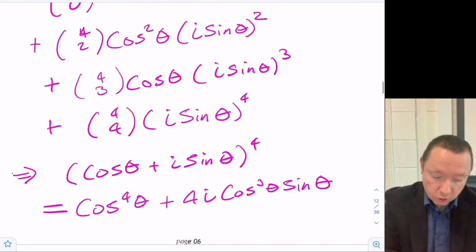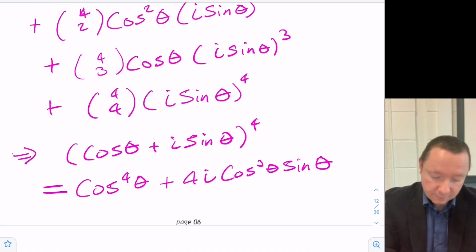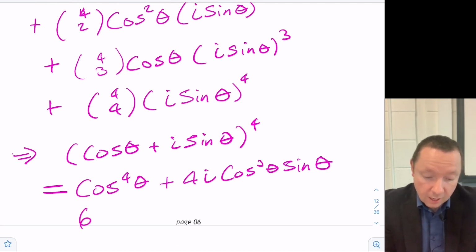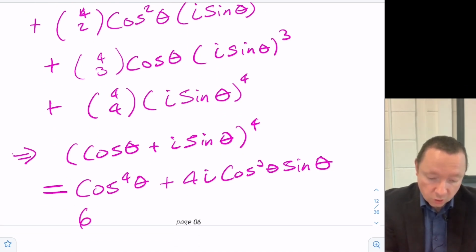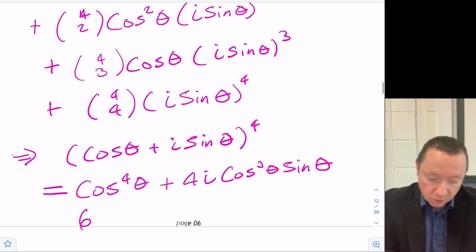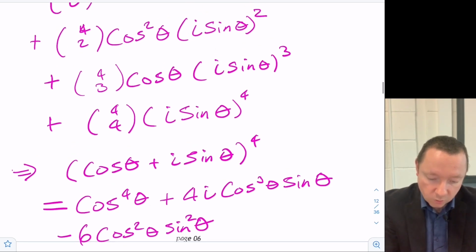Then you've got 4 choose 2, so that's 6. And then it's cos squared theta sin squared theta. But it will be minus because i squared is minus 1.